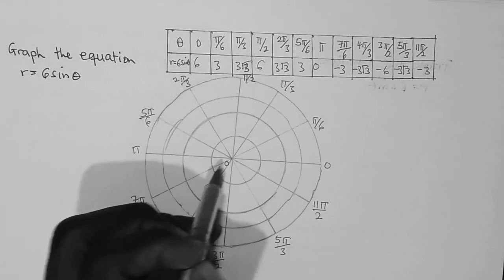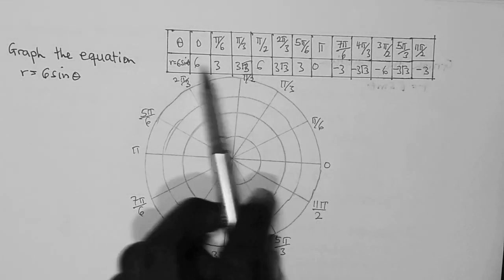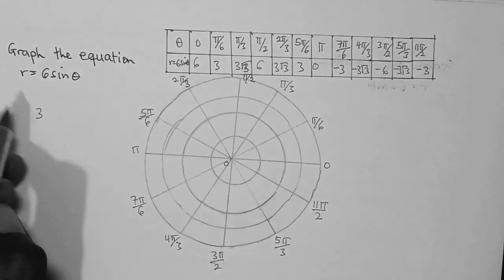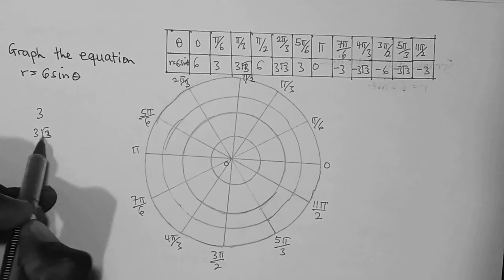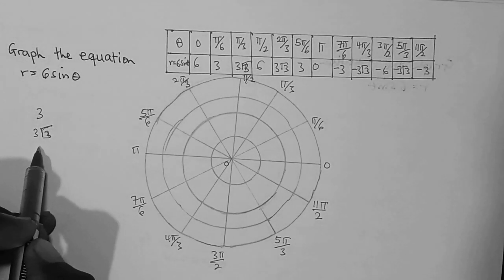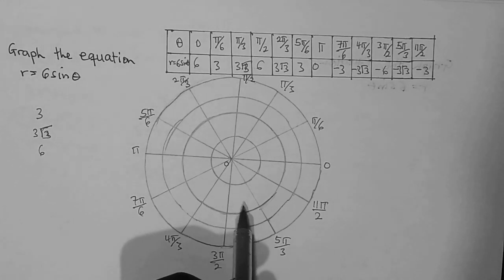So the origin here is 0. Then if we look through the r values, we have r equals 3, we also have r equals 3 root 3, and then we also have r equals 6. As far as we can go, that is the highest value we can get.